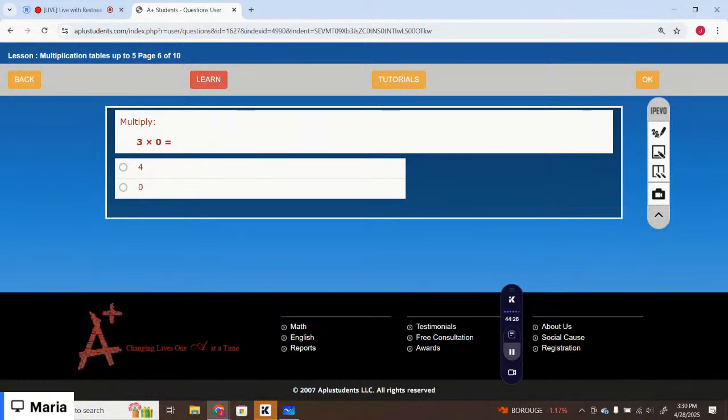Whatever number you are multiplying with 0, the answer is always a 0.